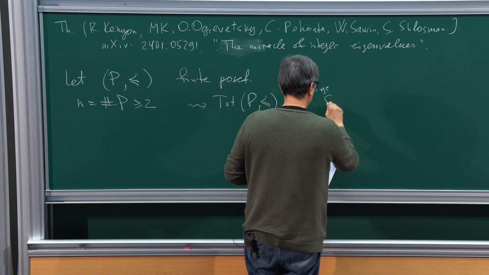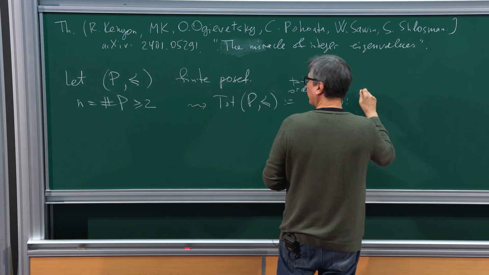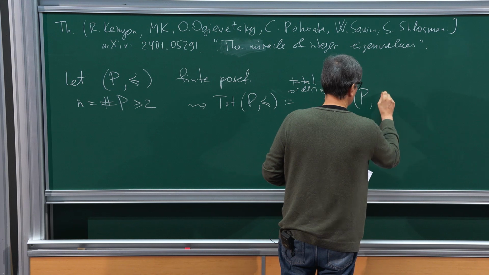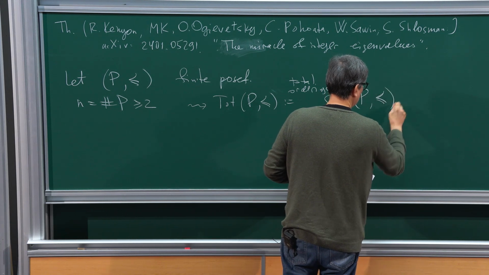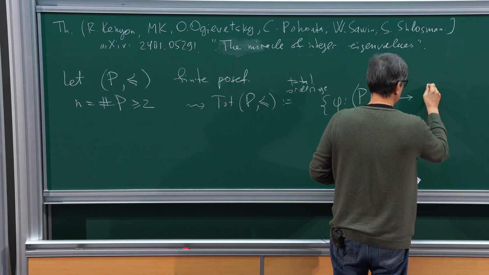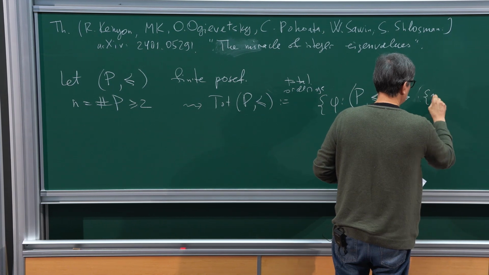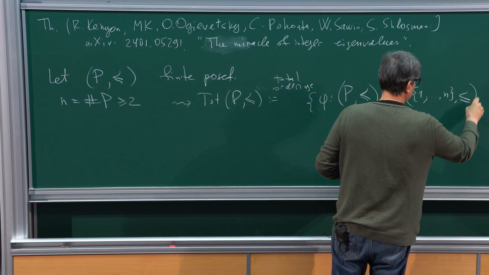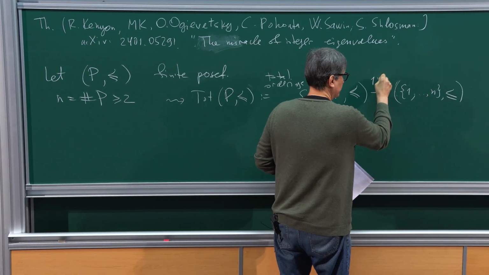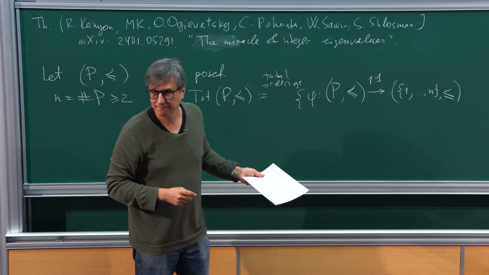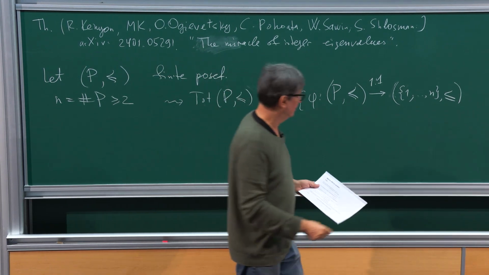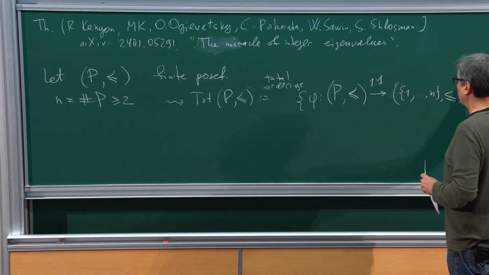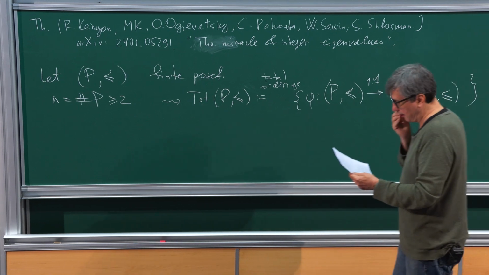It means the set of maps from my set to the usual interval with usual order, which are bijections. So we enumerate the elements, preserving the order.